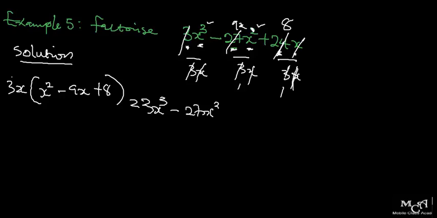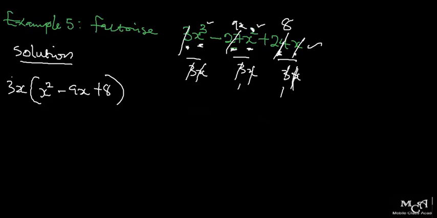Plus 8 times 3x will give us plus 24x, just like what we have here. What we've done is we've divided through by 3, and we are left with a quadratic equation. So let's continue with our work.